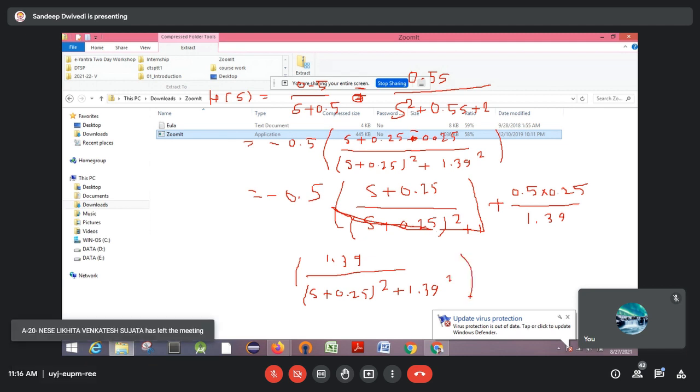Okay, so this will be your b, 1.39 square. So both the formulas you need to use. This is a s plus a upon s plus a square plus b, and here also this is b upon s plus a plus b square. Okay, so 1.39, that's why we have taken outside, so that will be cancelled. Okay, and 0.5 and 0.25.